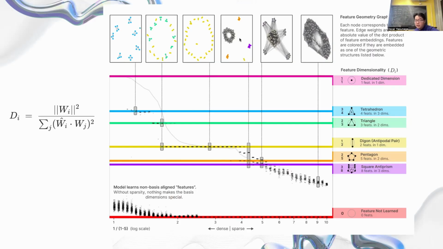With this image here, you can see this square antiprism geometric structure emerge in tandem with this pentagon, in tandem with this soup of, I guess, a bunch of nodes in a circle.